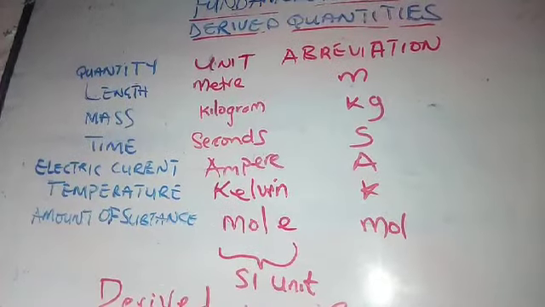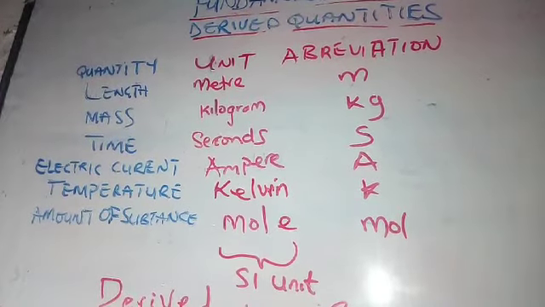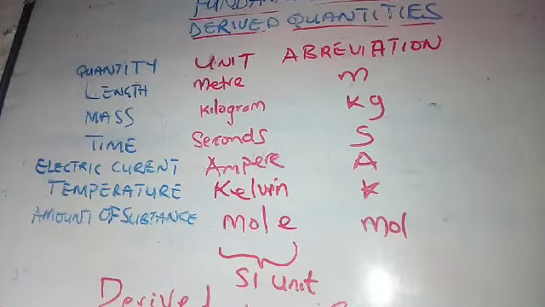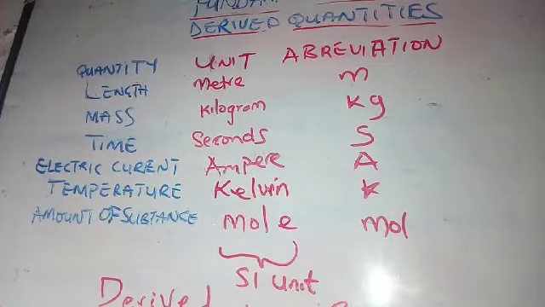Derived units can be expressed as those units obtained by some simple combination of the fundamental units. So basically we measure length by the meter rule, of course, and the unit for that is meter.